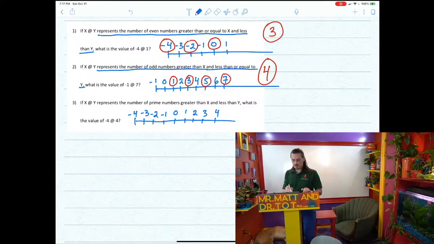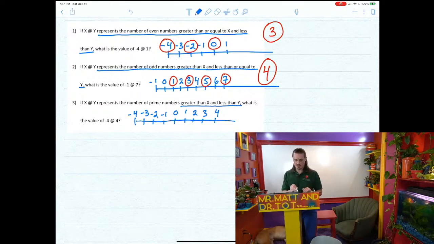And we're talking about numbers greater than x and less than y. So they're both exclusive to the lower and upper bounds of the domain. So we can't include -4 nor +4 even if they satisfy the characteristics for which they're asking.